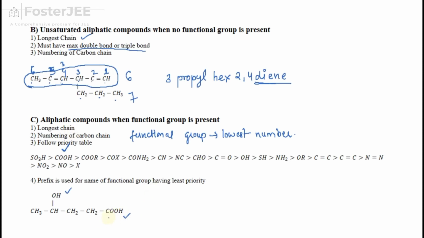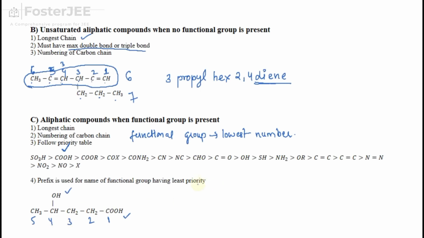So the numbering starts from this carbon: 1, 2, 3, 4 and 5. Now a prefix is used for the name of the functional group having least priority, and the prefix for the alcohol group is hydroxy.